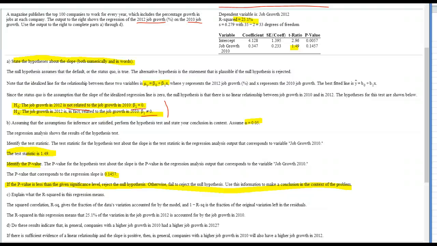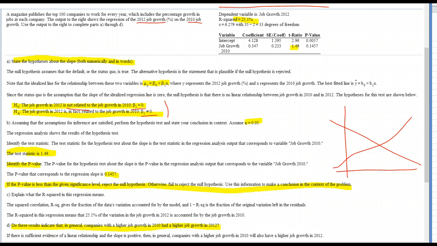It's asking about the sign of the coefficient. Let's highlight this. I'm going to do a quick sketch: if you have the two variables plotted here, you can have a straight line relationship that goes like this, or this can be a straight line as well.